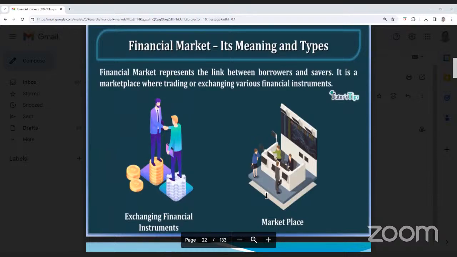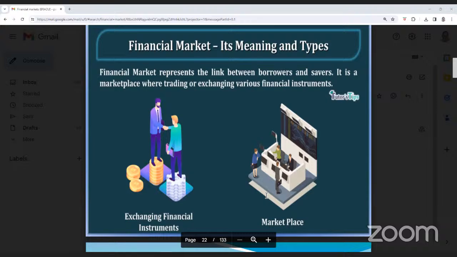See this picture and tell me. The financial market represents the link between borrowers and savers.